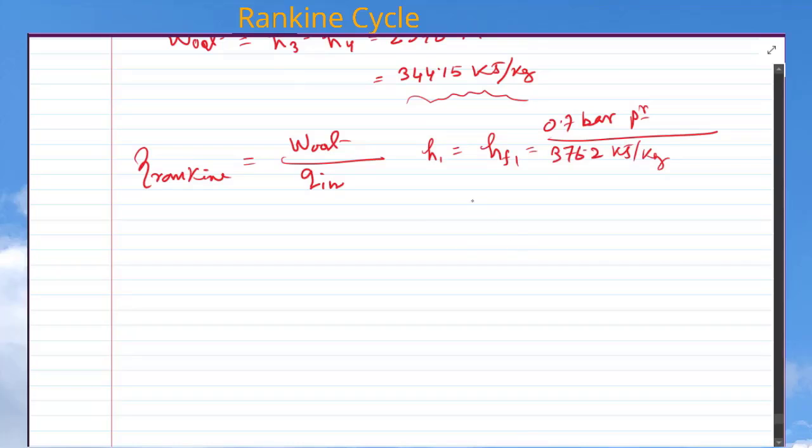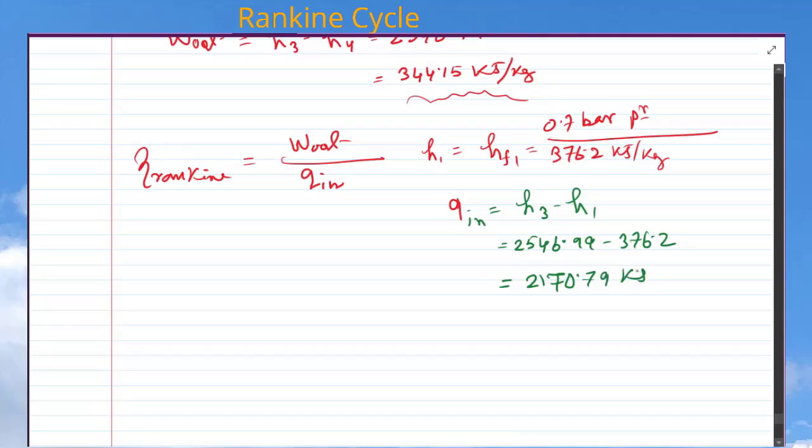If that is so, now we can find Q in. Q in is equal to H3 minus H1, which is 2546.99 minus 376.2, and this is equal to 2170.79 kilojoule per kg of steam.